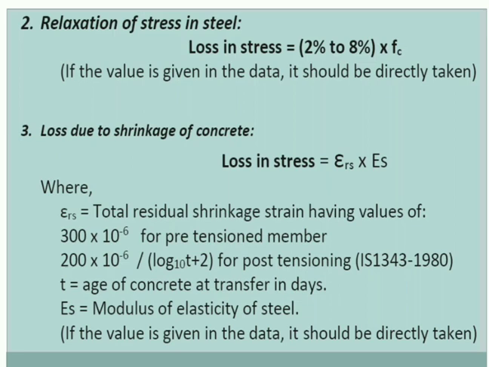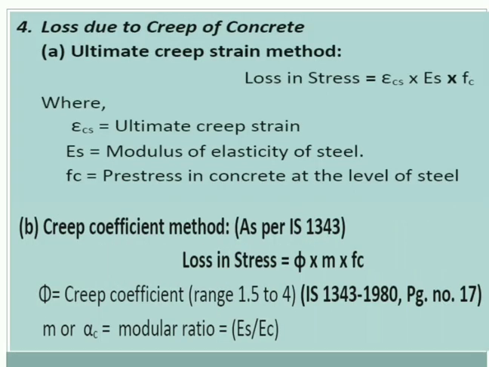If you are referring to the code book IS 1343/1980, these formulas are given there. You can check the formulas from there itself. Sometimes the shrinkage loss value will also be given directly in the examples. In many examples in the question paper, the loss due to shrinkage is directly given. So this is your third loss which you need to understand.